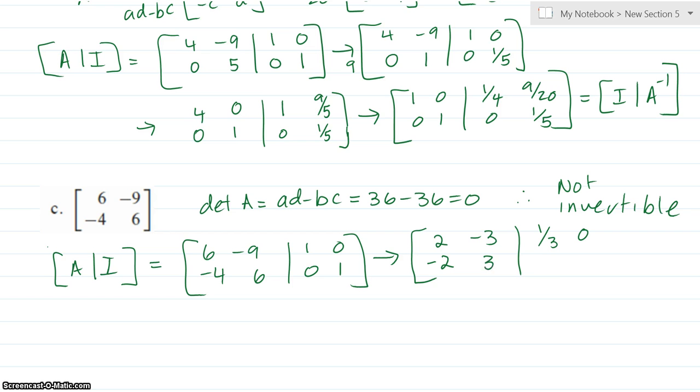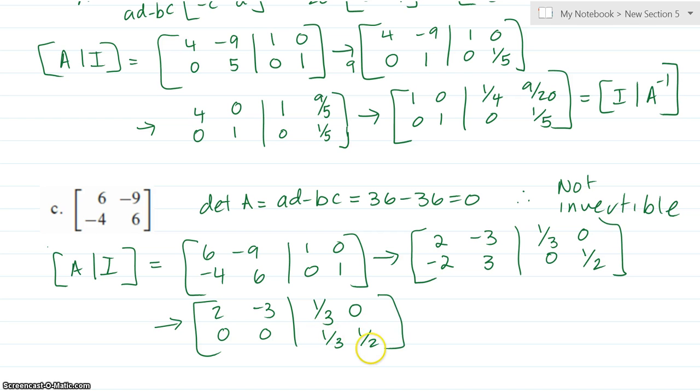Then when I try to get that 0 in the second row, we multiply 1 by the first, add to the second, and we just really add them together, don't we? That would be 1/3, and this would be 1/2. Right here, this shows me that you can never get the identity. Therefore, another reason it is not invertible. A inverse does not exist.